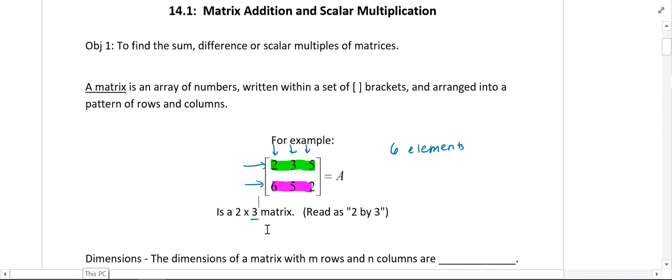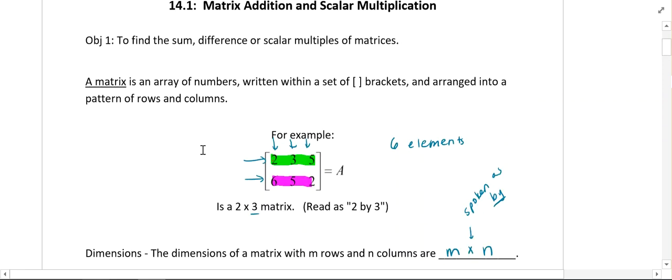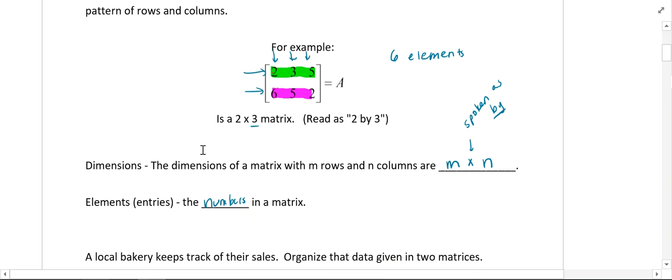The dimensions of a matrix with m rows and n columns is m by n. So the elements, or entries, those are the numbers in our matrix.